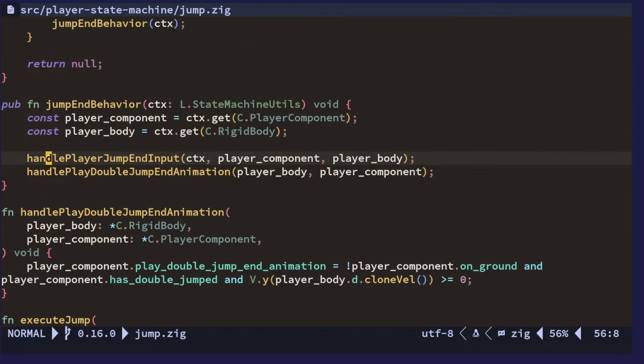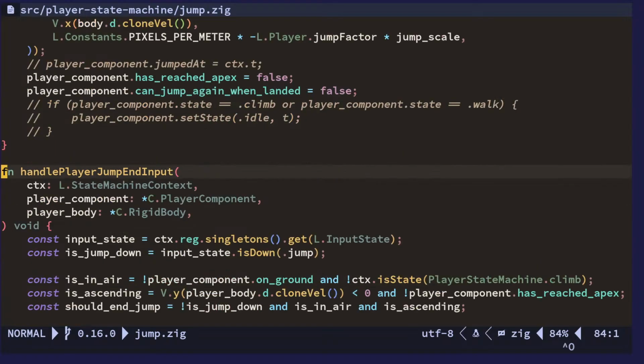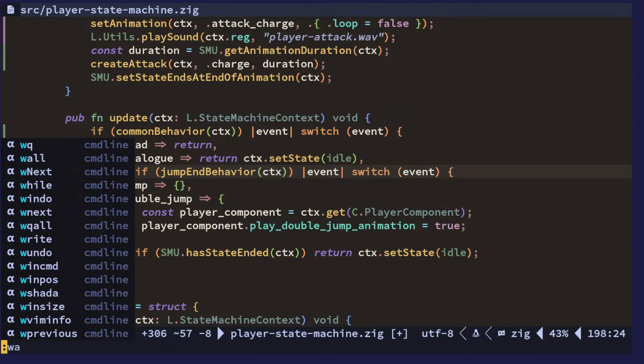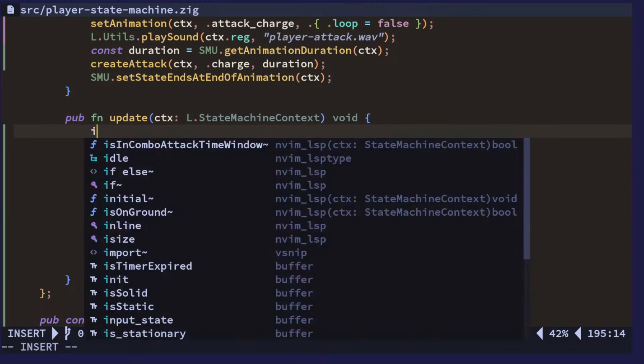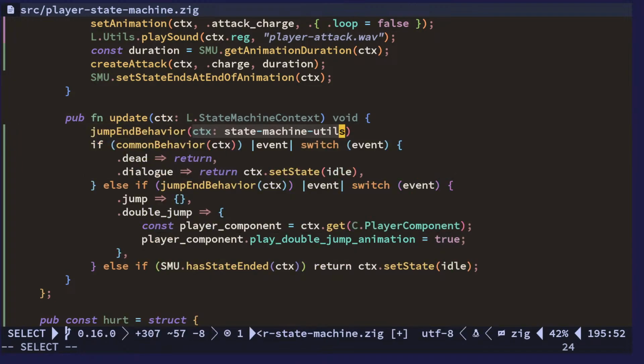I don't think it's an issue, because this one is only relevant if we look at this to play some other animation, which we don't do. So that's fine, I think. It's not an if, we just call it here.